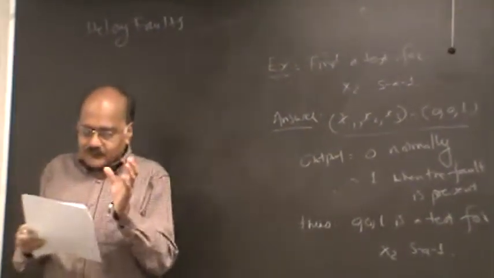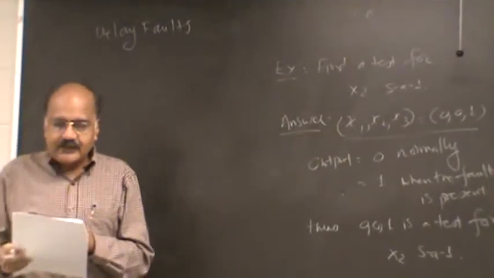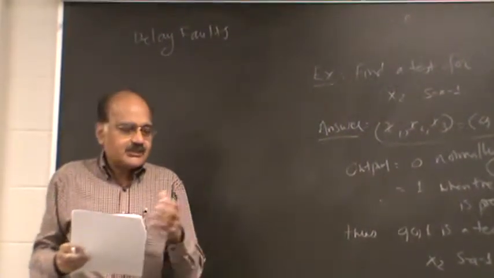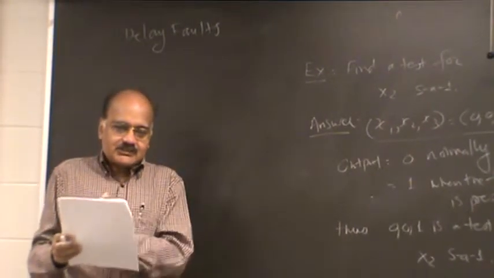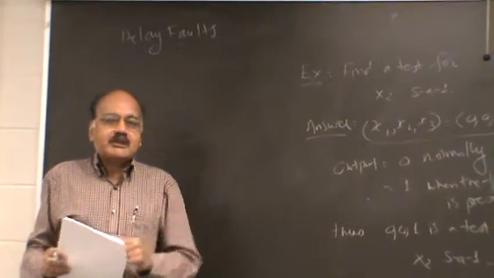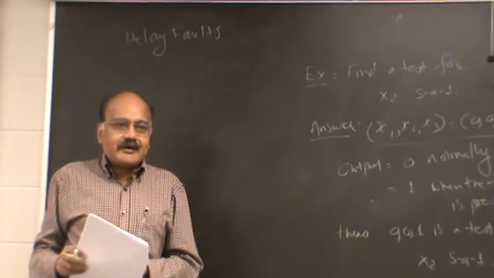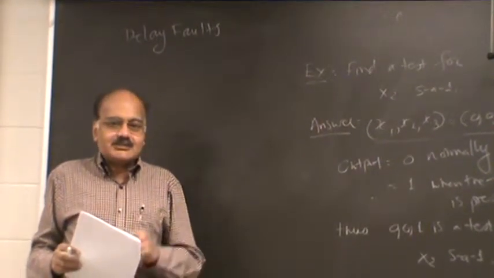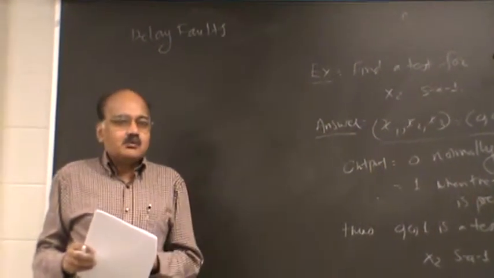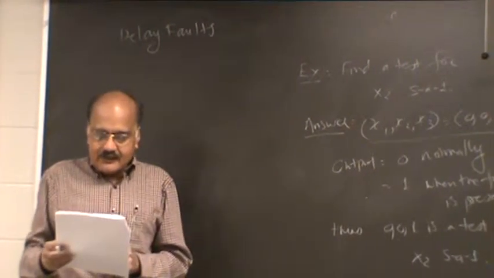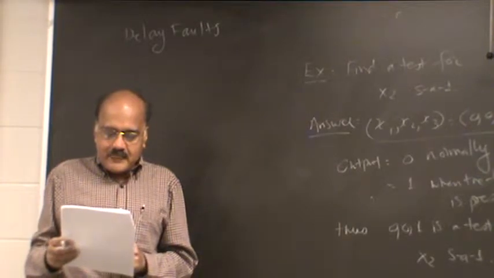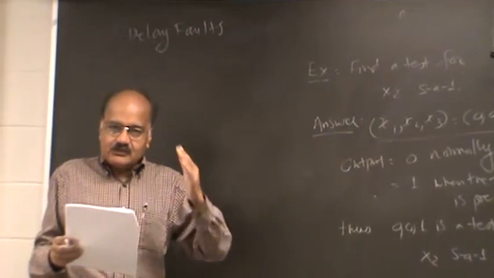Now, as you know, everything in a digital circuit is a sequential circuit. That means signals start from somewhere and go to some place, and all the transitions need to arrive at the destination latches within the specified period of time, perhaps a clock period, and then the values are sampled there.